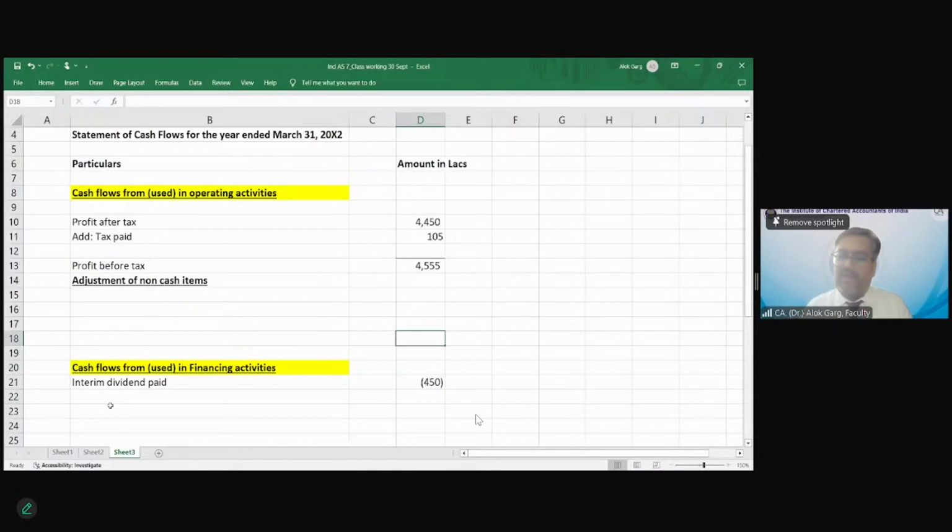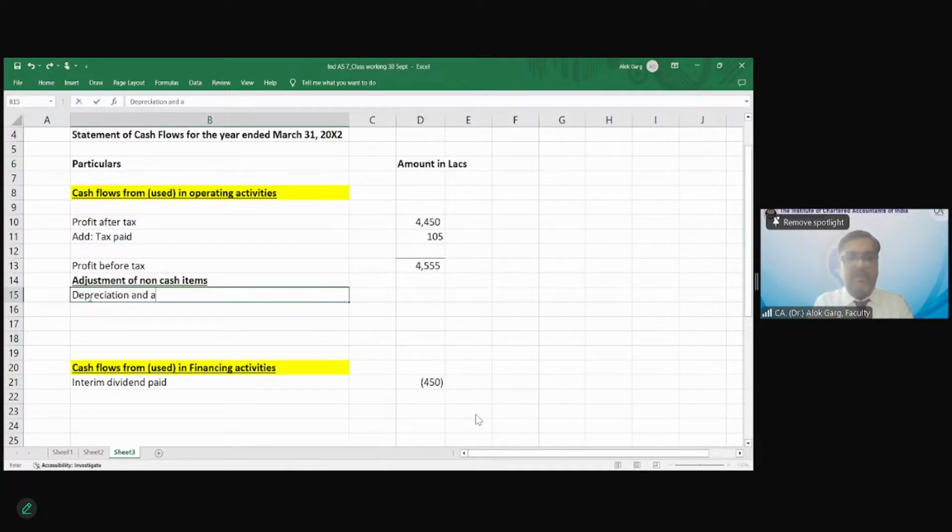So profit after tax is given, and interim dividend is given in the additional information. The third line item, which is depreciation, is also given. Depreciation and amortization is a non-cash item. Let me add it back here.